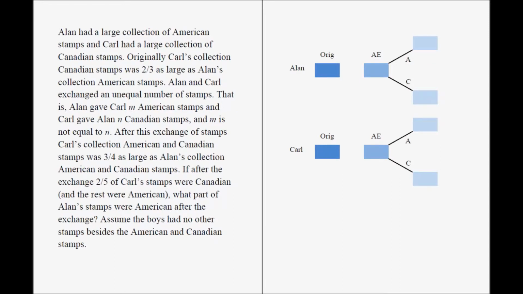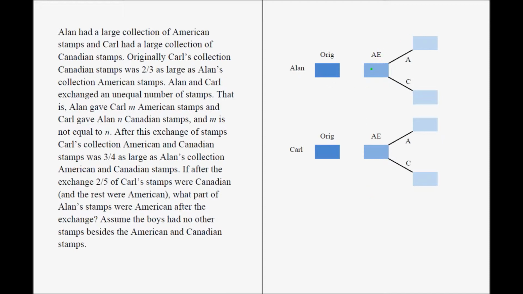What I have here is a brief sketch of the scenario and the question, of course. As you can see, originally I'm going to find out how many stamps Alan had and how many stamps Carl had. Either I'll find out or I will assign a number. And then AE stands for after exchange.